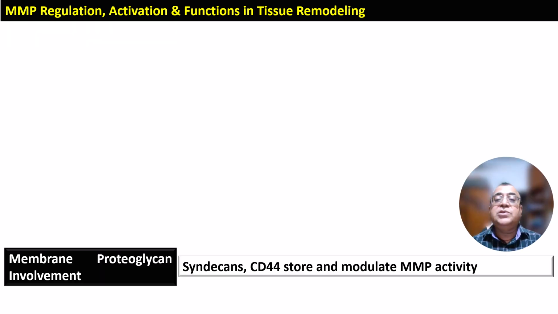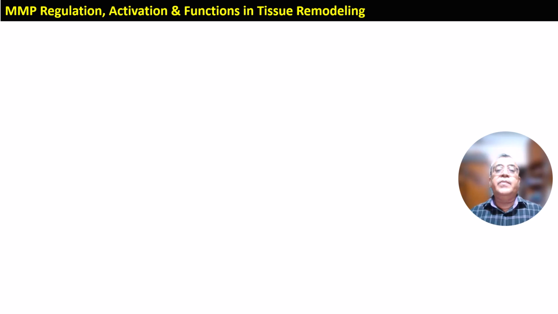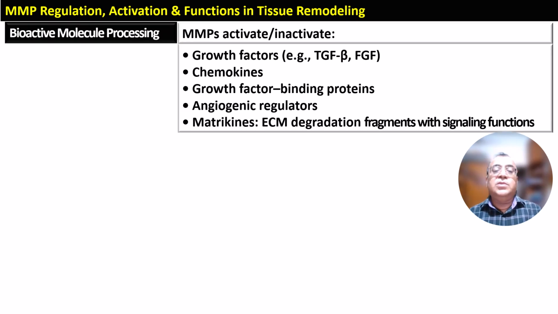The membrane-associated proteoglycans that are syndecan and CD44 also store and regulate the availability and activity of matrix metalloproteases. So just to summarize, in addition to the cell-to-cell adhesion and release, the matrix metalloproteinases have other functions.